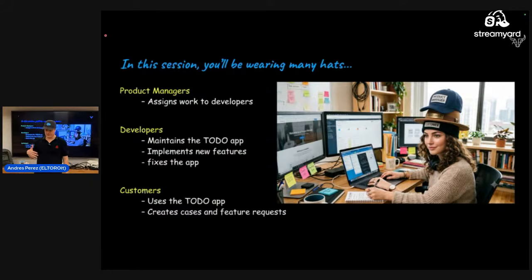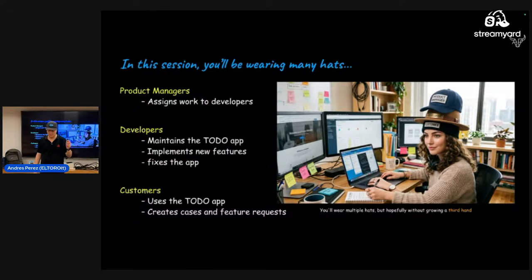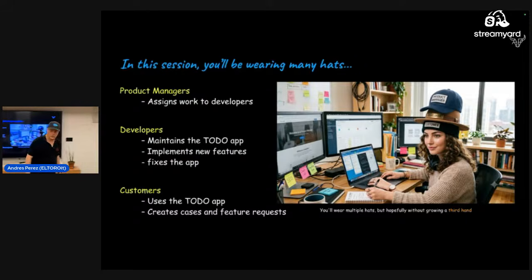And the third is the customers. The customers are those who use the to-do app, and of course, they create cases and feature requests, right? Typical user stuff. So you're going to wear many hats, but hopefully without growing a third hand.